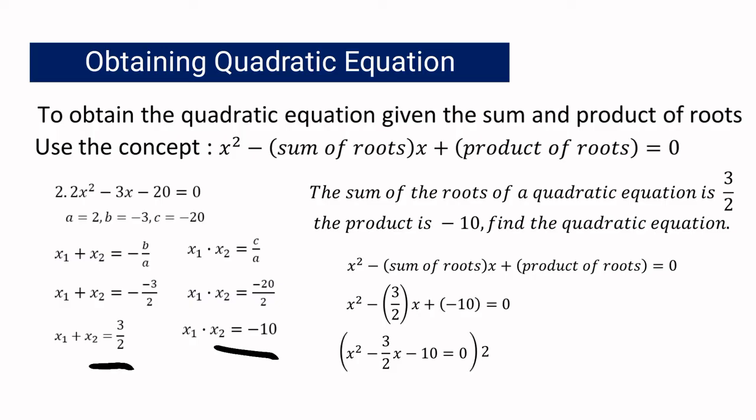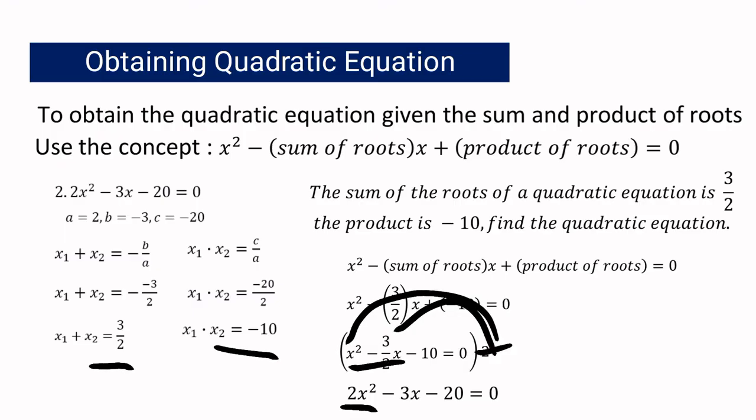Yes, we are going to multiply the whole expression by the LCD or the least common denominator. In this case, our LCD is 2. So we are going to multiply the whole expression by 2. If we do that, the resulting equation will be, how did we get that? We multiply 2 times x squared, that's 2x squared. If we multiply 2 to negative 3 over 2x, what will happen?